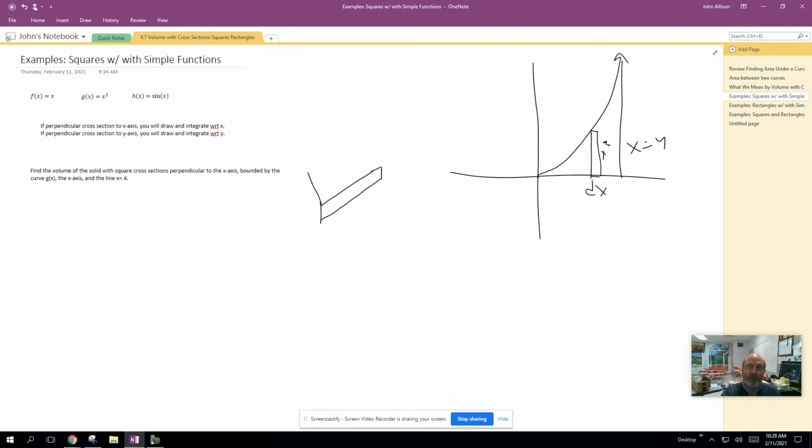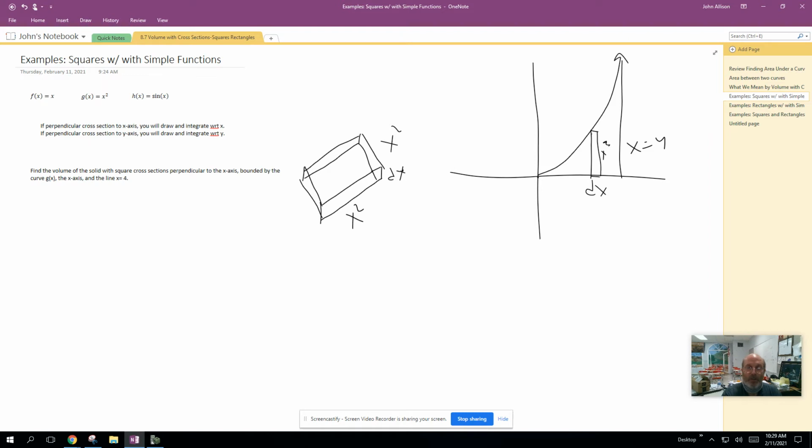Not drawn to scale, by the way. Because it's square, the width of each cross section is dx. The height is going to be the same as the base, or length.